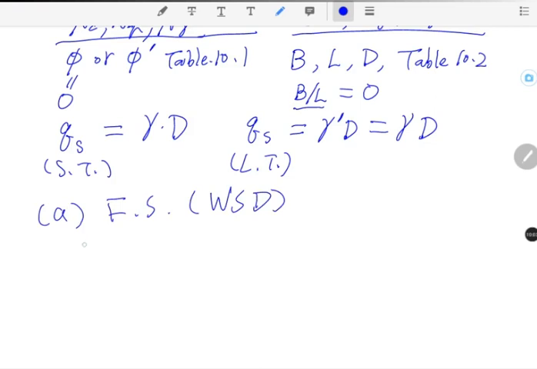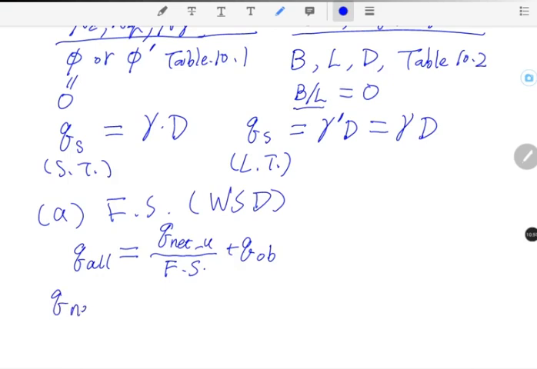In work stress design, we have this equation to state the relationship between Q allowable, which is the allowable pressure to be applied, and Q net U divided by factor of safety plus Q overburden, and Q net U is equal to QU minus Q overburden.